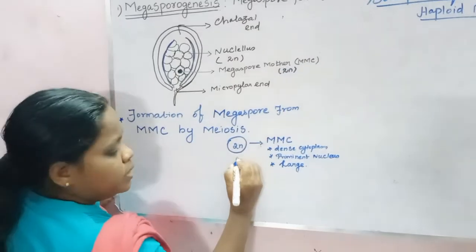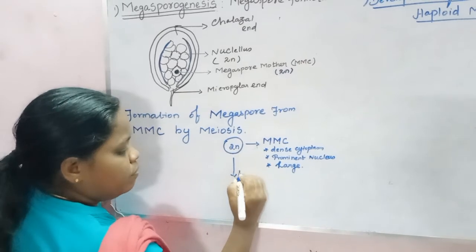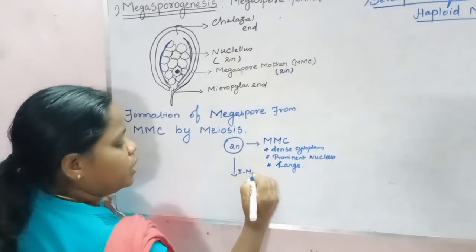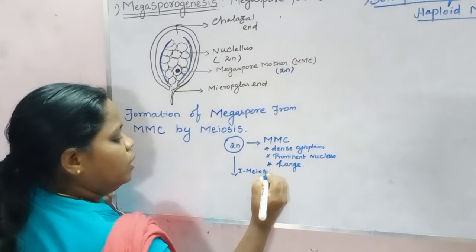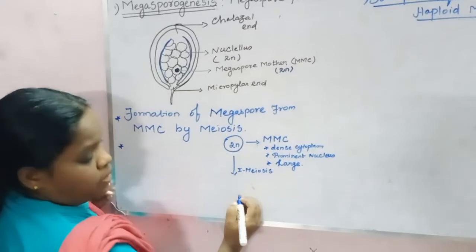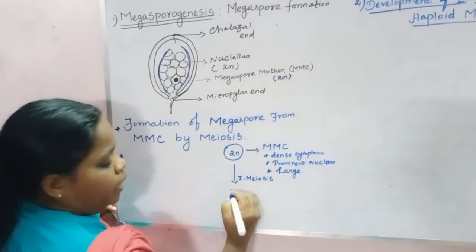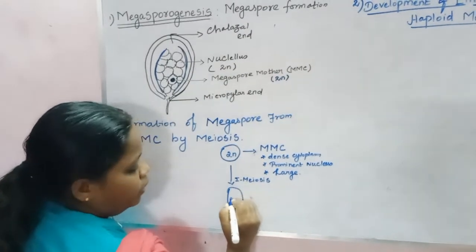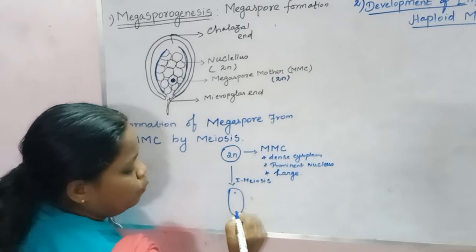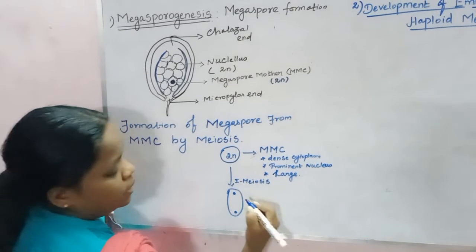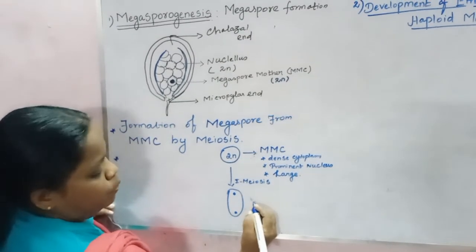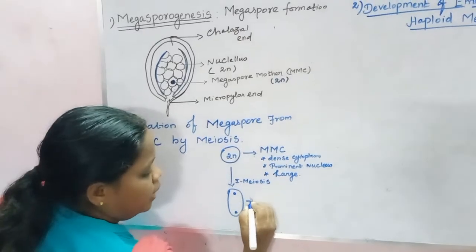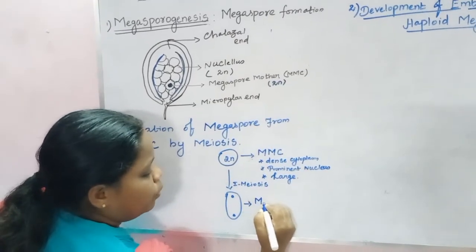Now the MMC undergoes first meiosis cell division, meiosis or reduction division. Then it forms a dyad. Dyad means two nuclei of megaspore.